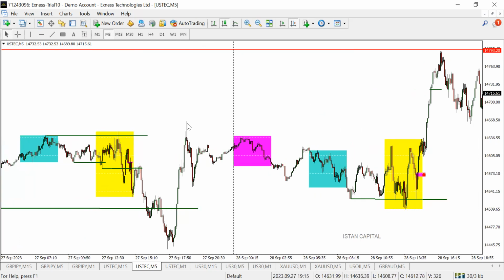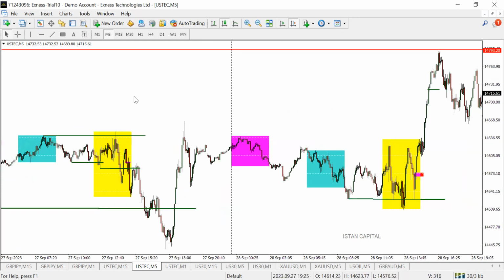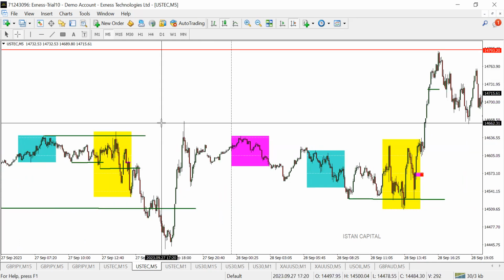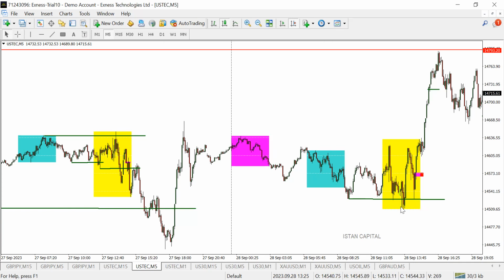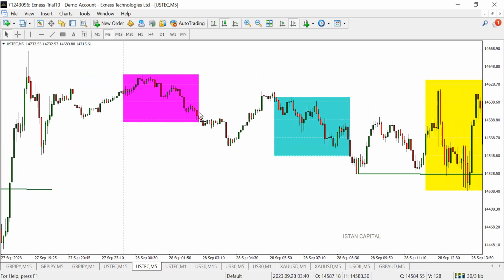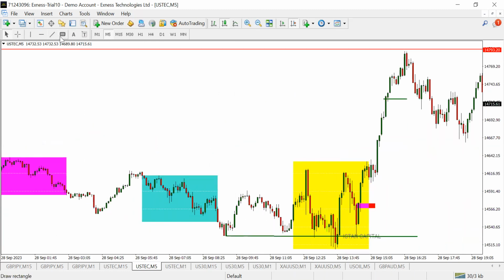From the high of the previous day, you count from the high of the previous day if it is very close to the high of the day. Very easy. 50, 100, that's level 2. And the third level, 150, level 3. 3 levels of drop. Where is the low of the day?